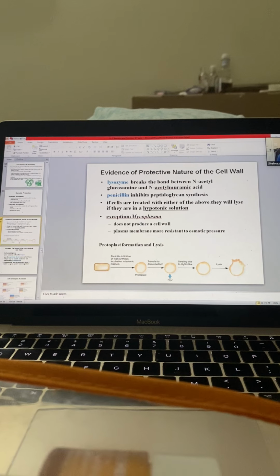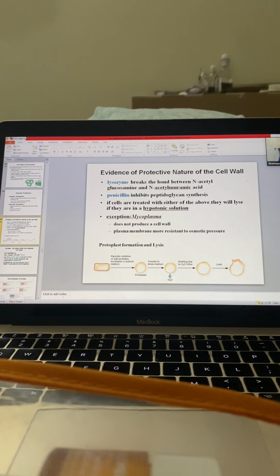You remember where NAM and NAG are? Can somebody recap for me? Anybody? They make up the peptidoglycan. They are the main disaccharide that is repeated again and again, and the bond between them is a 1,4 bond, right? The bond that we described.